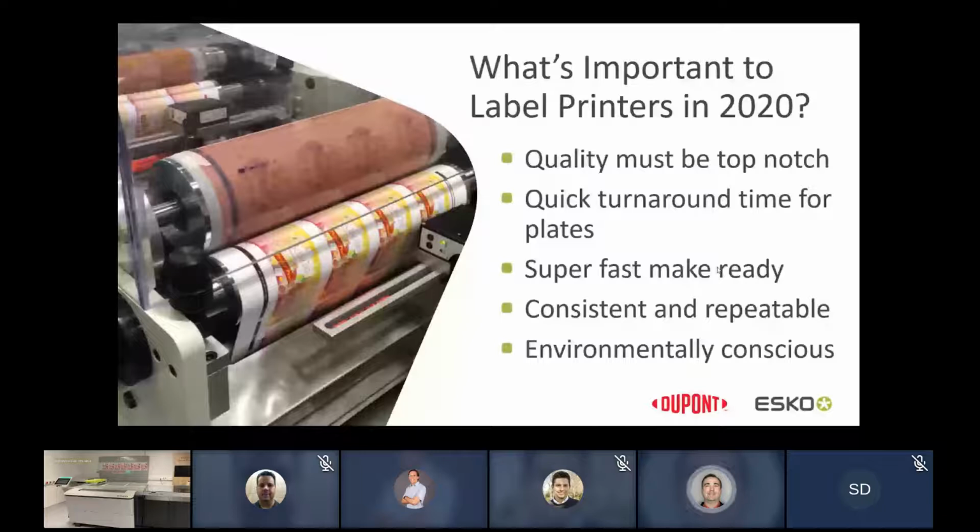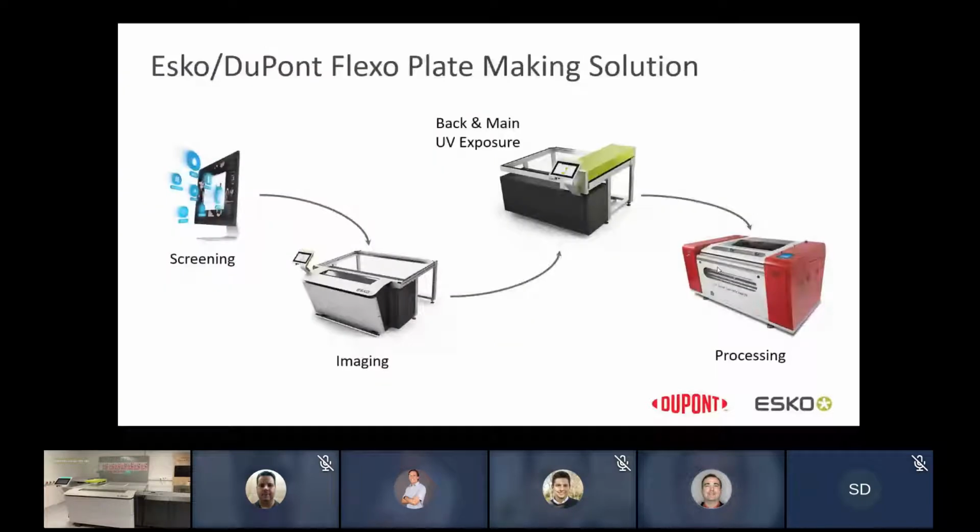The structure of our presentation today will follow the plate making workflow. Obviously this is a very simplified version of that workflow, but these are the sections that we're going to go through as we present.